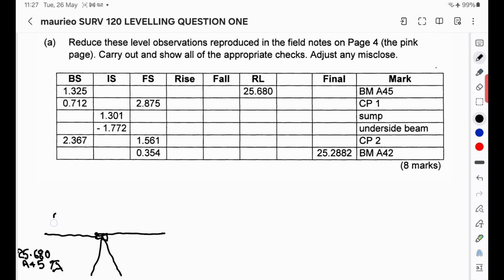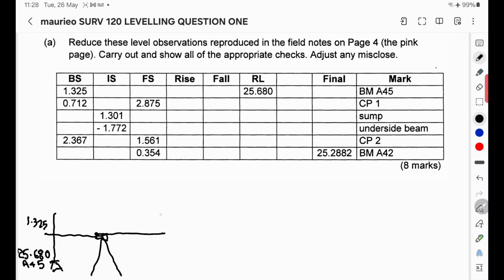And we put our staff on there, and we read on the staff 1.325. That's our first backsight.